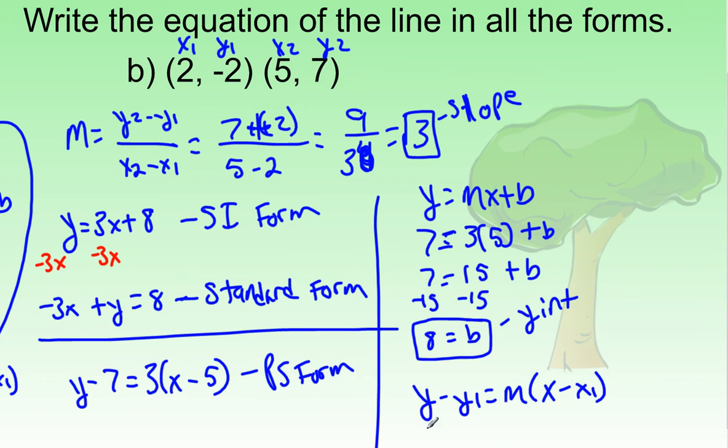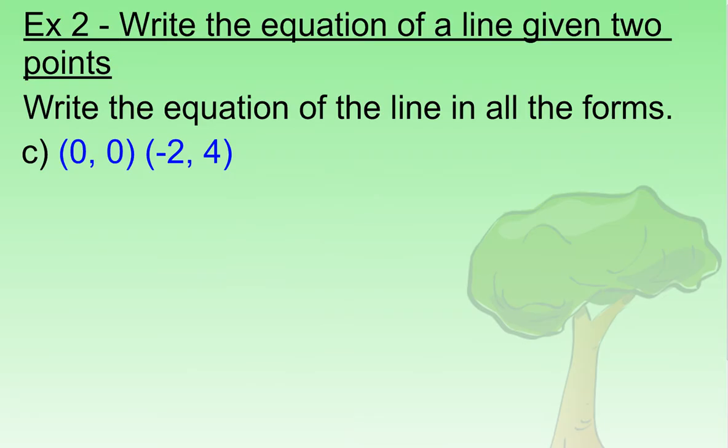Alrighty? So there we have our equation in all the forms that we need. Some of you need 2, some of you need 3. Feel good? Try this one on your own. Go ahead, pause the video right now, do the problem. When you're ready to continue, hit play, and we'll go through it together.